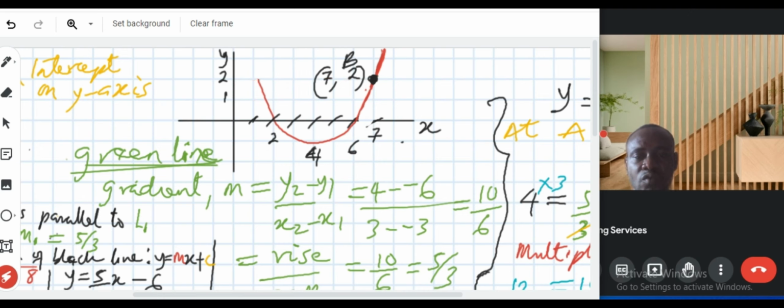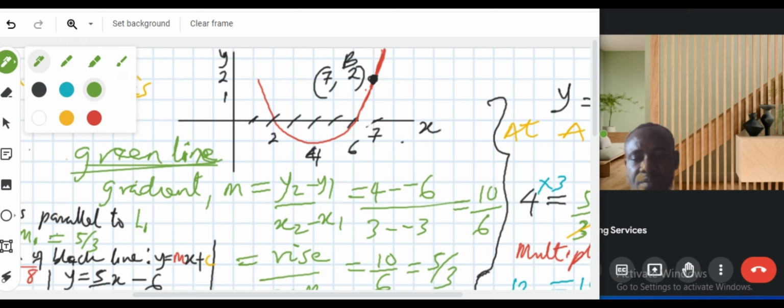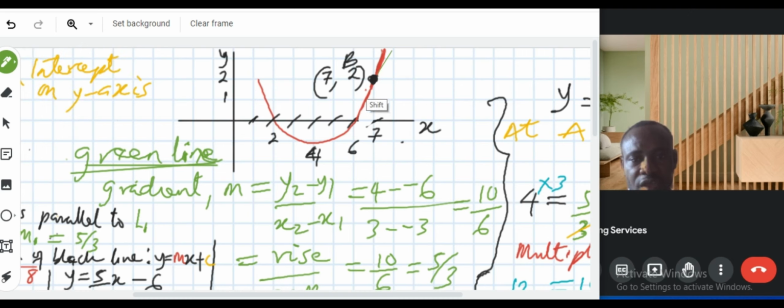So 7, 2. The tangent at this point is a line that is almost touching it, like this, which I will explain later in more detail. A line that is touching this has to touch it properly.